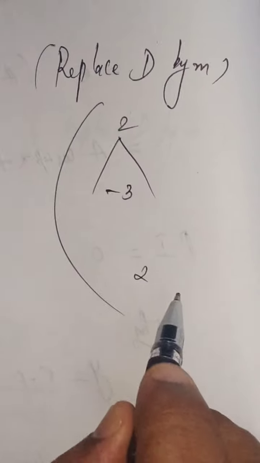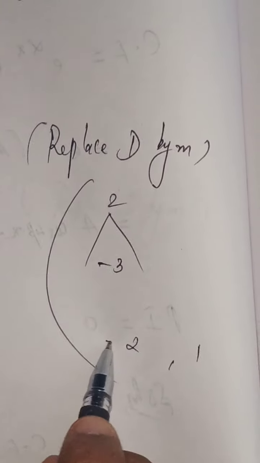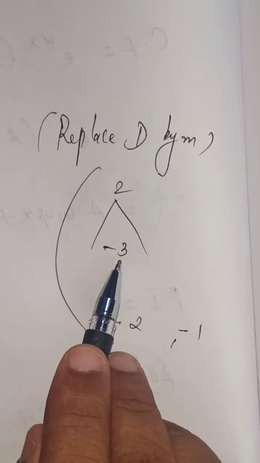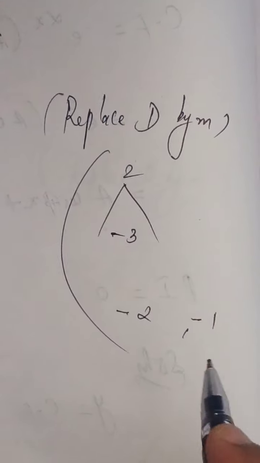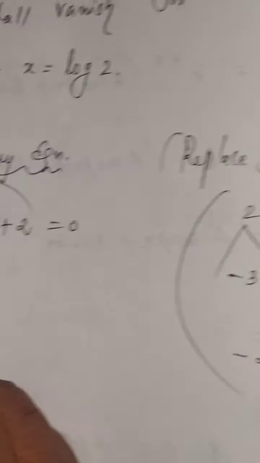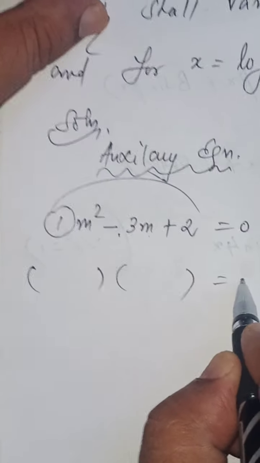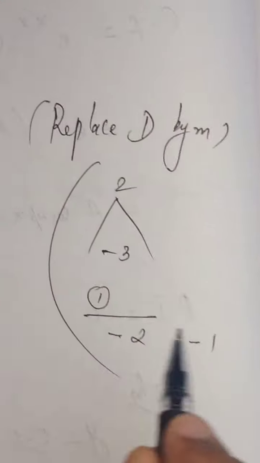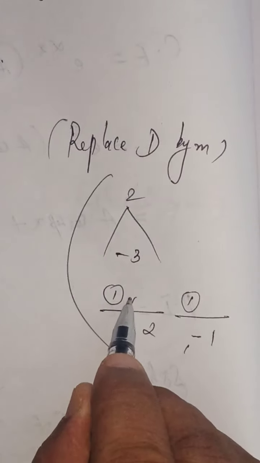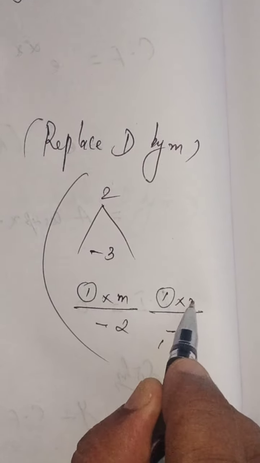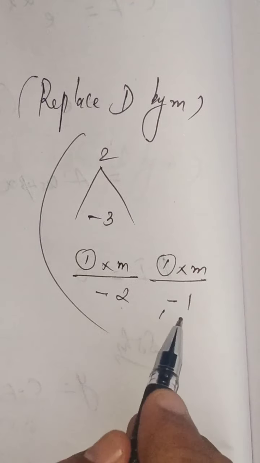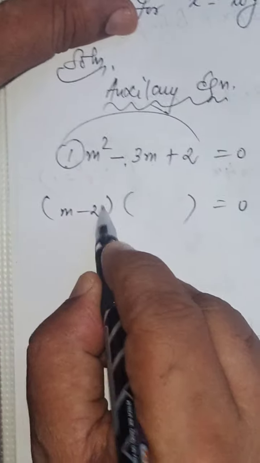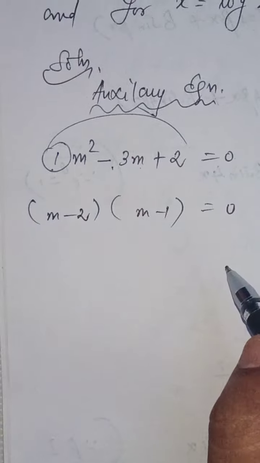Product 2, you know very well, 2 and 1. For getting minus 3, introduce minus for both the numbers. Add the two numbers, minus 3, multiply the two numbers, plus 2. Then, for getting the linear factors, the coefficient of m squared is written in the numerator, into the variable m, into m. So, 1 into (m minus 2)(m minus 1). m minus 2 into m minus 1 equals 0.